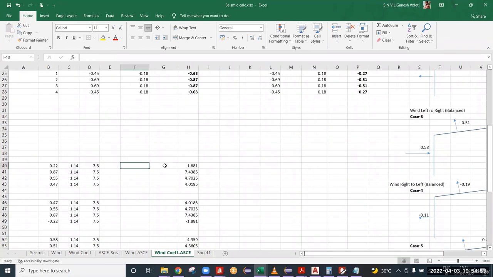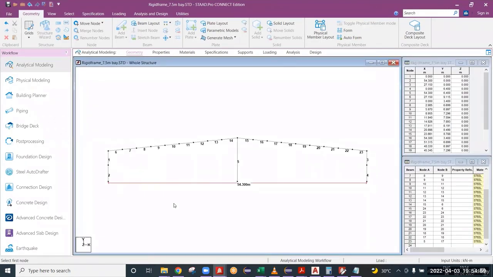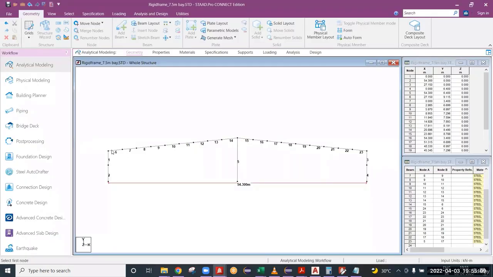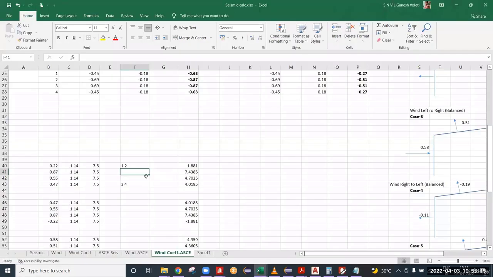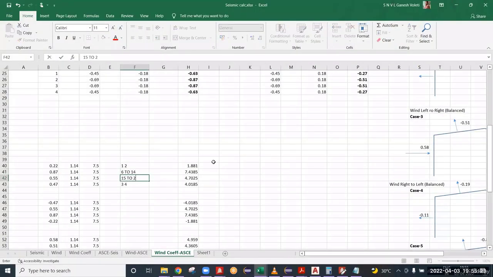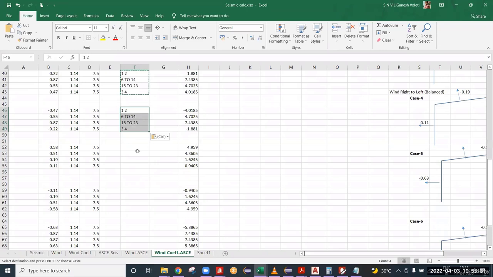That is why I am giving the numbers here. 1, 2 are the left columns here, 3, 4 are the right columns here. Clear? 1, 2, 3, 4, and the left rafter is from 6 to 14, and here 15 to 23. All these member values are the same, right? Member values will not change, right?